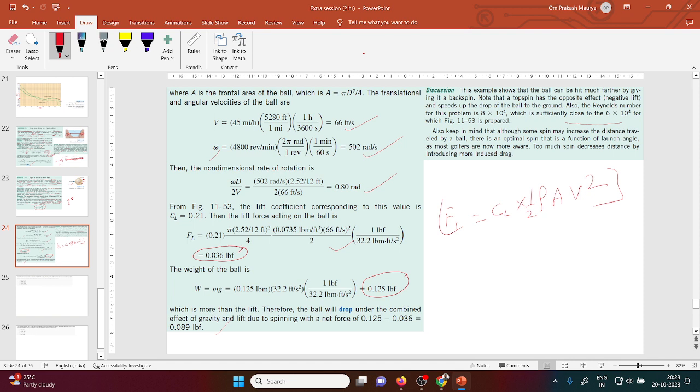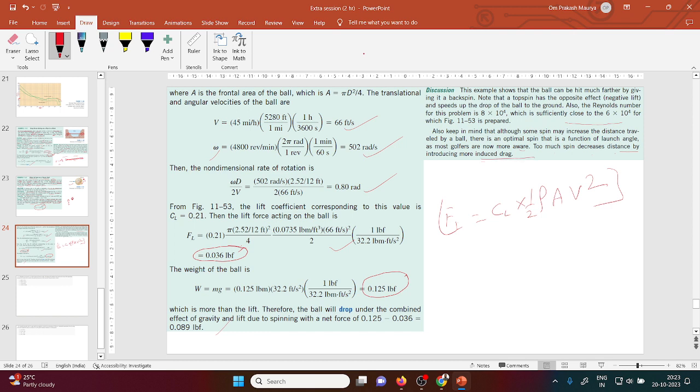Also keep in mind that although some spin may increase the distance traveled by the ball, there is an optimal spin that is a function of launch angle, and most golfers are now more aware that too much spin decreases distance by introducing more induced drag.